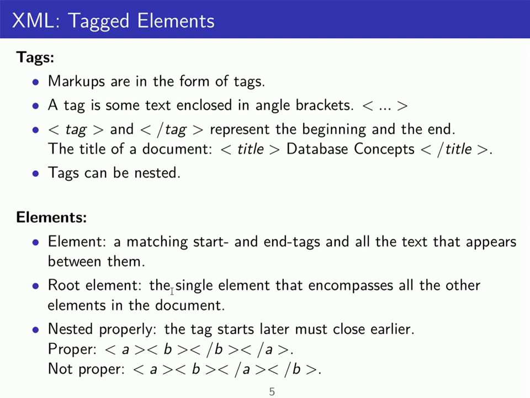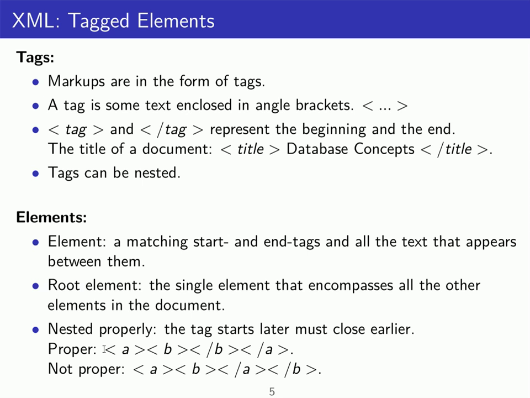In an XML document, elements serve the fundamental role. A document must have a single root element, which is the single element that encompasses all the other elements in the document. Furthermore, the tags or elements must be nested properly. Here are two examples. One is proper, one is not proper.